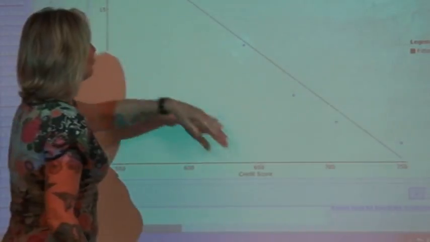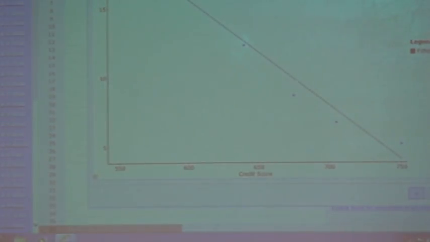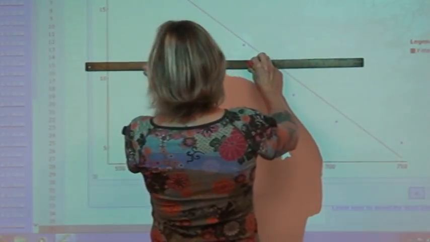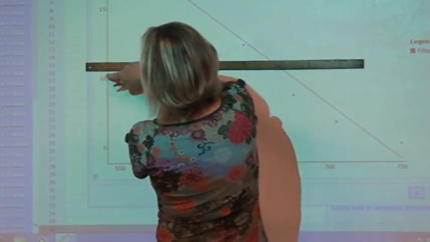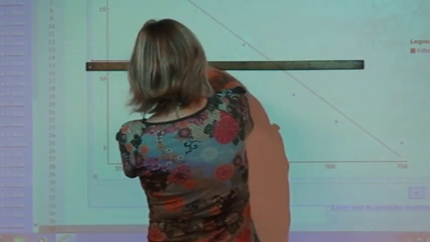If we want to predict interest rate, we could have just gathered data of all the interest rates, and we would find that the average interest rate is 11.6. That would be maybe right there. Here's 10, here's 15, something like that. Doesn't have to be perfect.